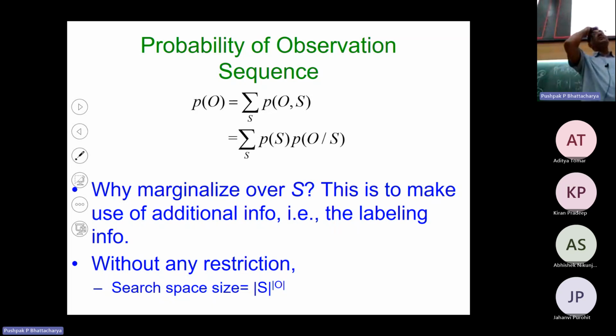Now, summation over all possible states will be an exponential computation if we do it foolishly. But by making use of a Viterbi-like pruning idea, we can have a very efficient algorithm which is linear in the length of the observation.